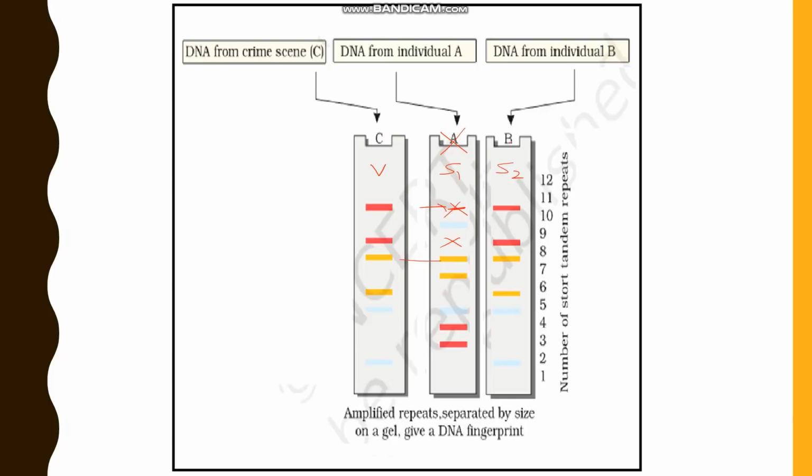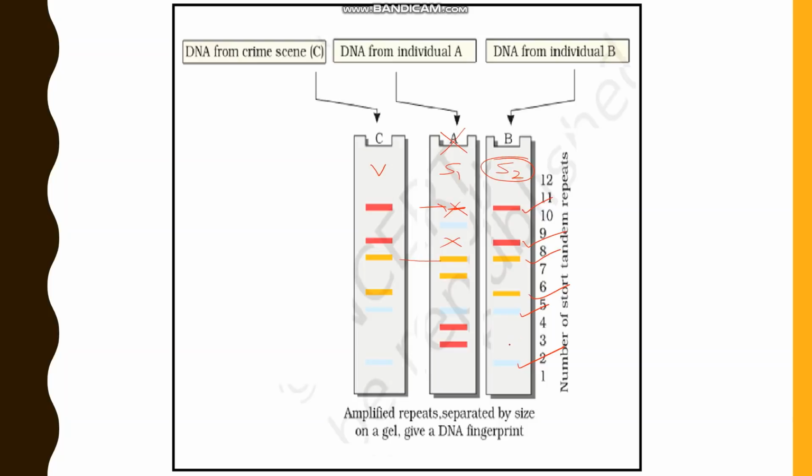Now compare C with B, the DNA fingerprint of the victim sample with the DNA fingerprint of suspect 2. The first band is exactly the same, so there is a similarity. Even the second band is the same. The third one is also the same, the fourth one is the same, the fifth one also the same, and even the sixth band is the same.